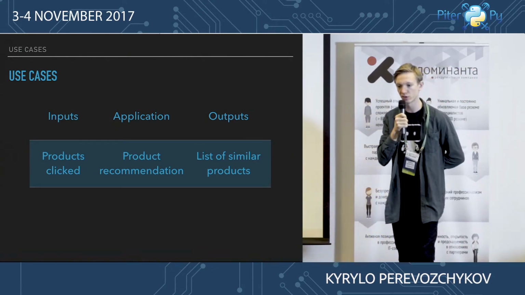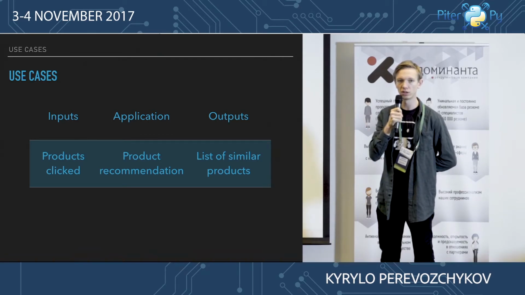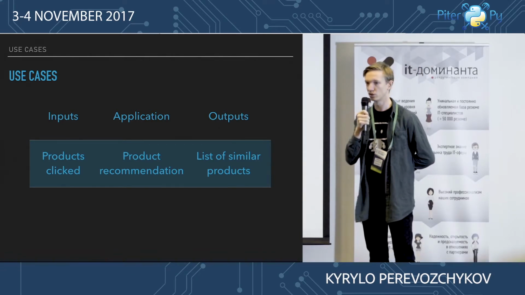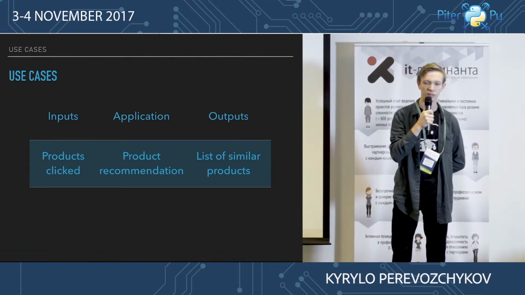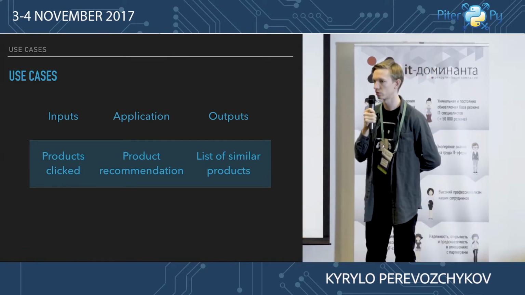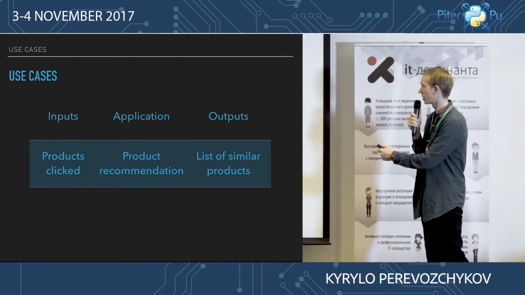For those of you who are not familiar with machine learning, it is called unsupervised machine learning. That is to say, learning without a teacher. When you don't know what you want to predict, you want to just understand how the data is interconnected. Next.